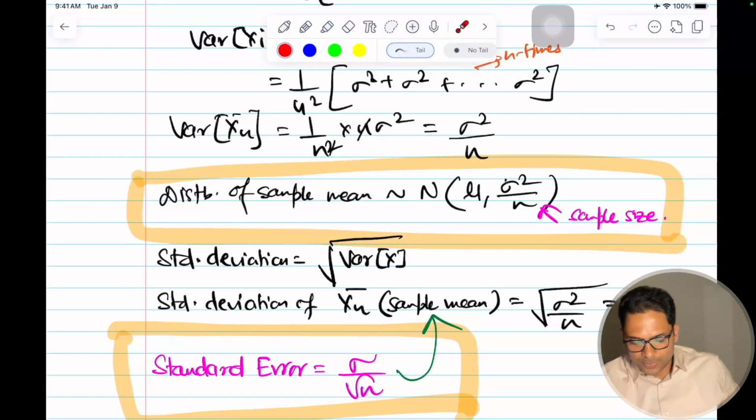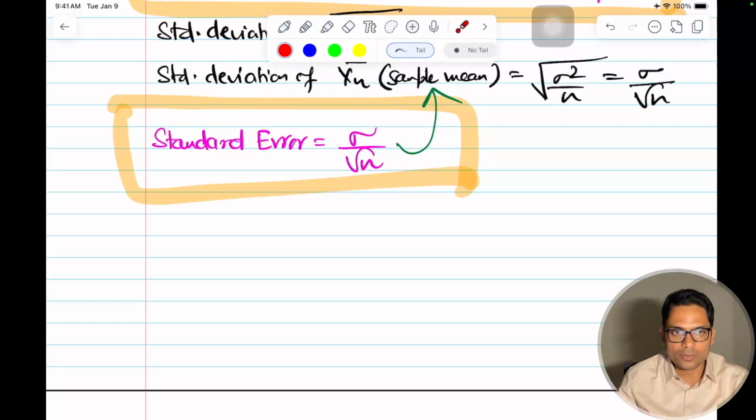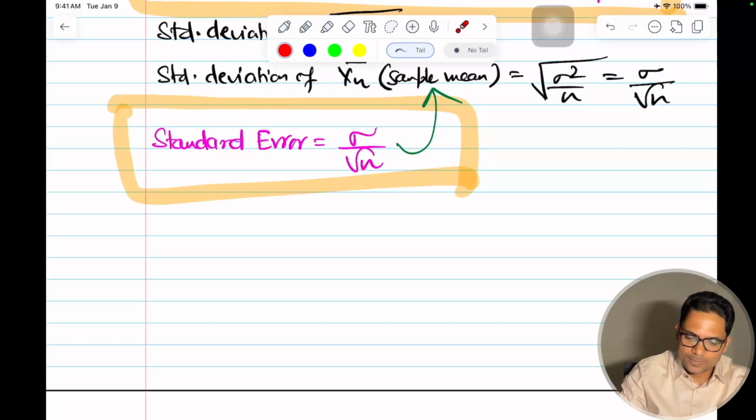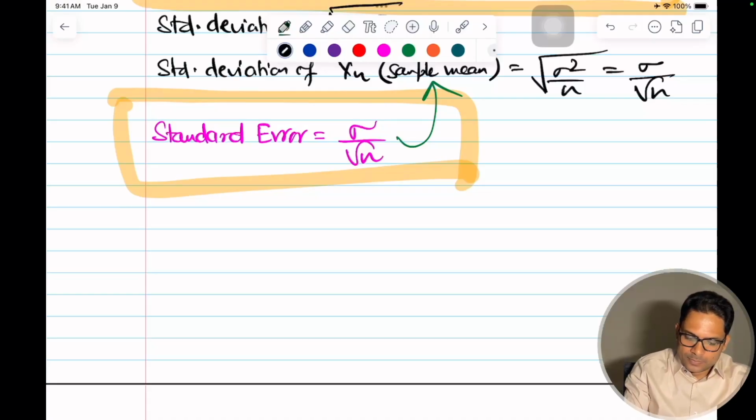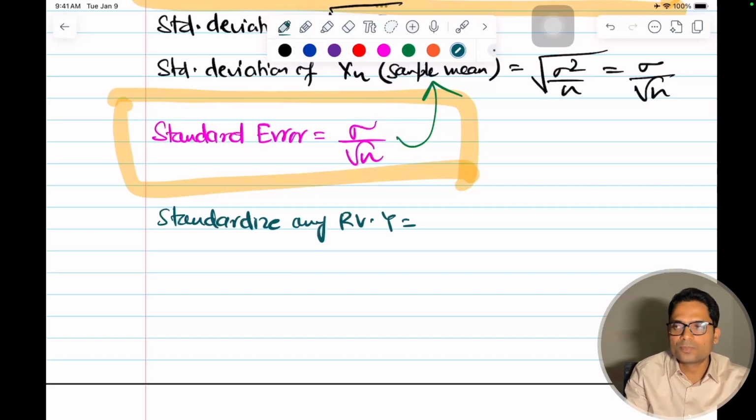Okay, and for making it more clear, let's do a concrete example and then we'll move to standardize. Okay, let's standardize it also. Standardize sample mean. So what is standardizing any random variable? Standardize any random variable y, what do we do?